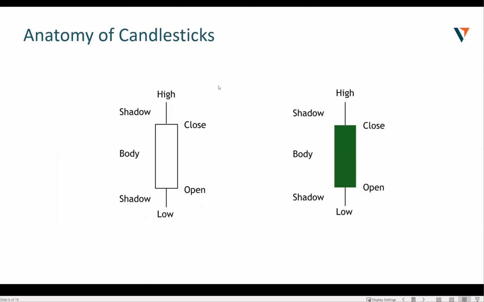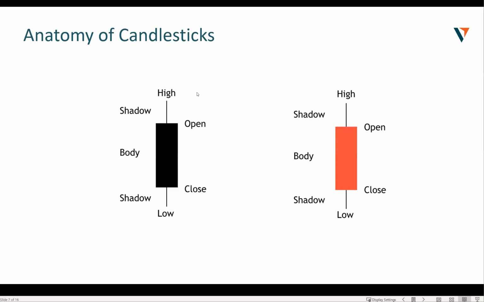So this is for a bullish candlestick. We have it for bearish candlesticks as well. This is an example of a bearish candlestick. Usually, bearish candlestick patterns are represented either in black or in red. Over here, you can see that this is an example of a bearish candlestick pattern. We have the high and low again, marked out by the shadows.